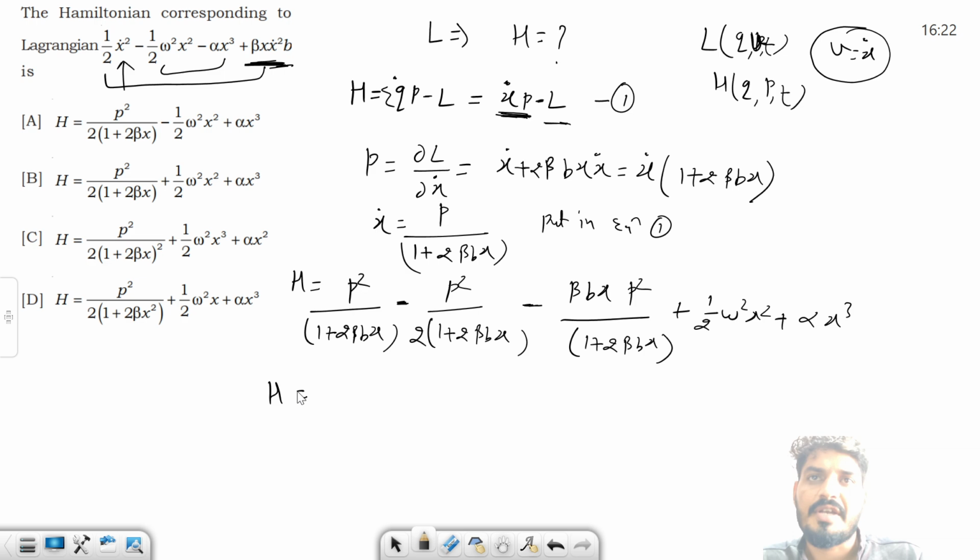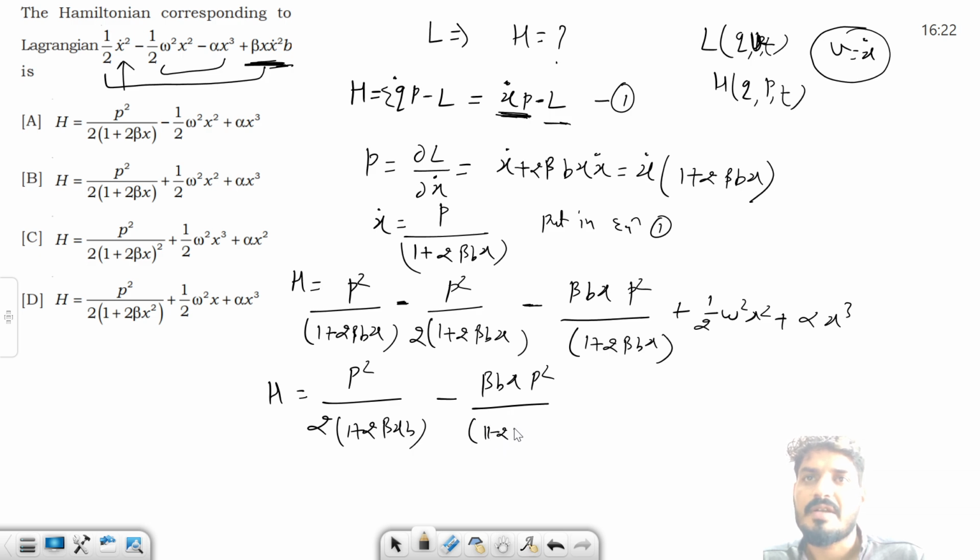Now this Hamiltonian is this minus this. You can say this is p square by 2 (1 plus 2 beta b x), and then minus beta b x p square by (1 plus 2 beta b x), plus half omega square x square, sorry, plus alpha x cube.